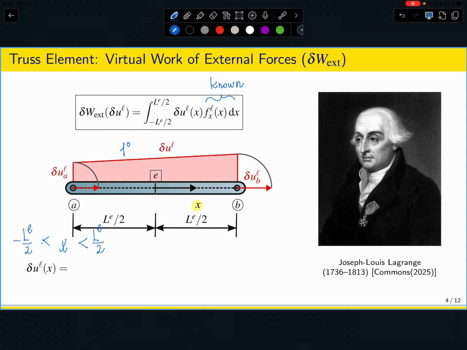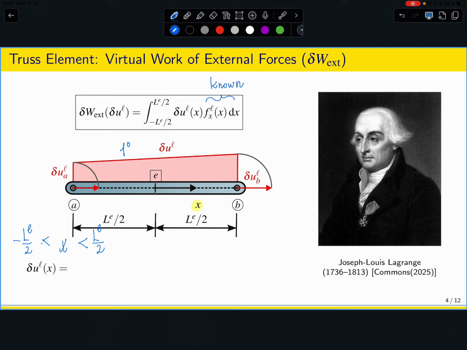And there are many ways how to do it, but one which is quite generic is attributed to Mr. Lagrange, who was one of the French geniuses of mechanics and mathematics and related stuff.